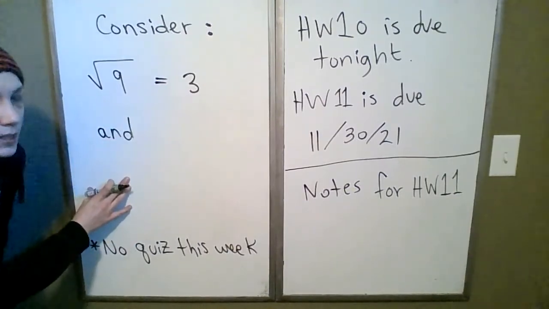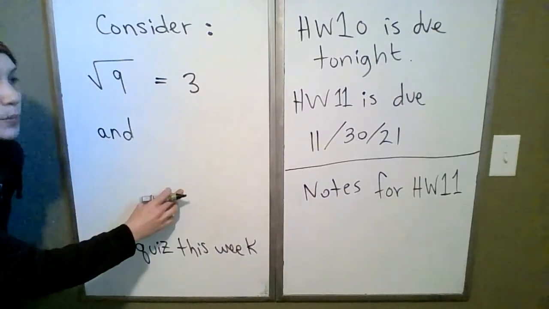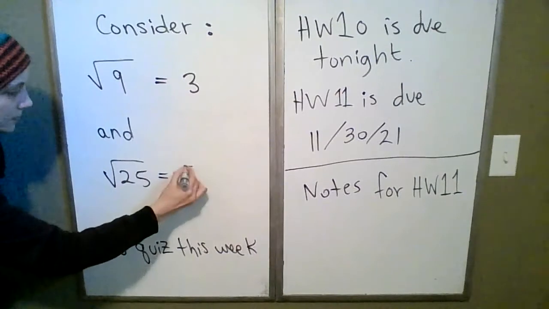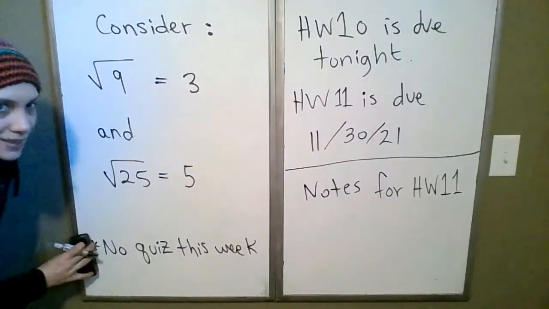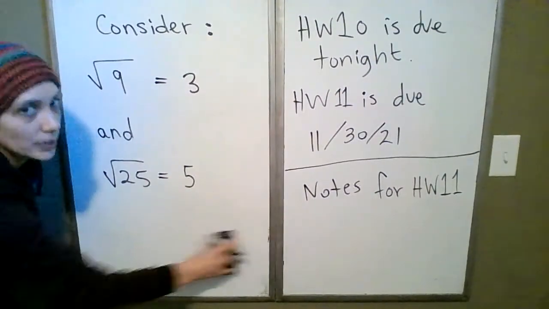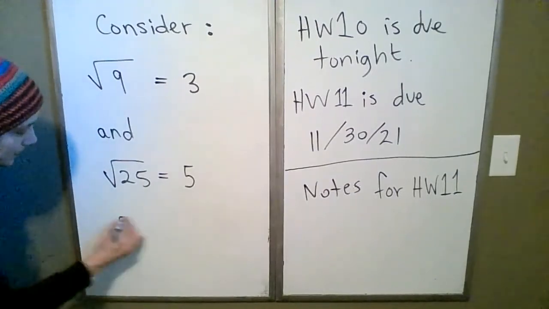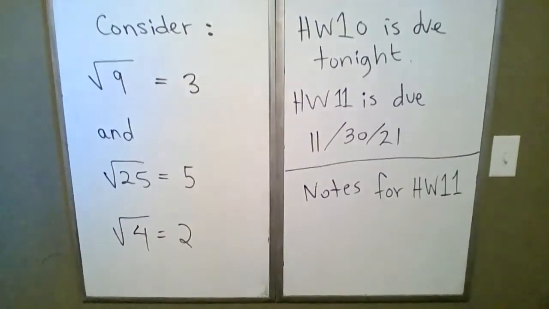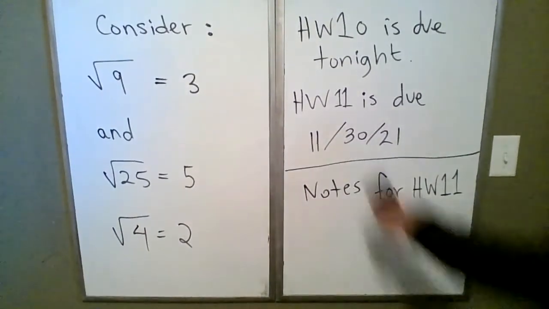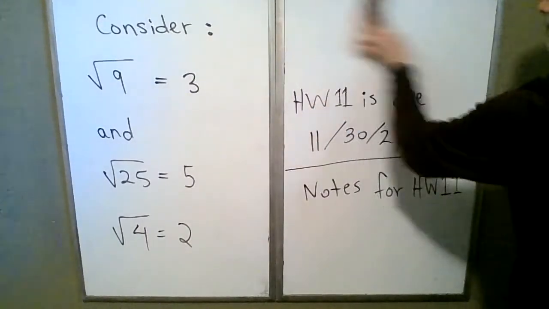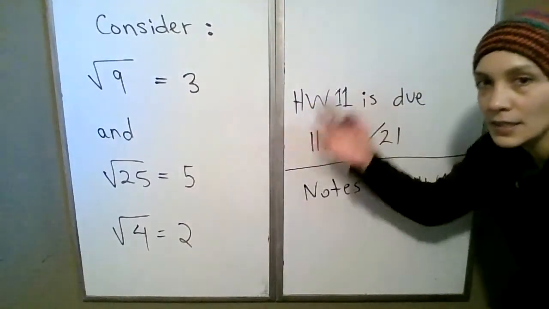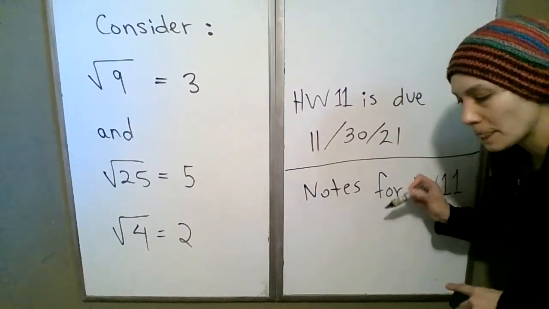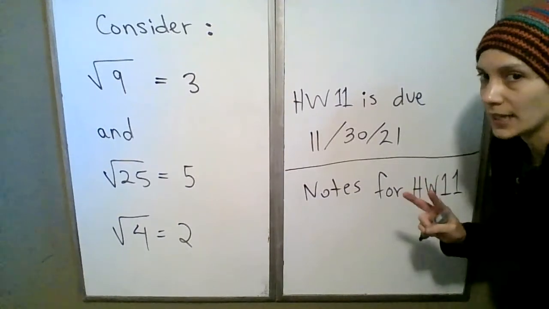And then same thing with root of 25 would be positive 5. One more. Let's do the root of 4. It would be positive 2. Then there's this different idea where you have a variable as part of an equation, and you can get 2 solutions in that case.